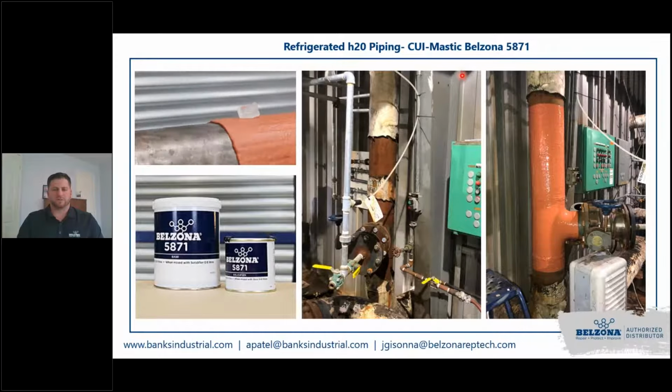We found some significant metal loss. And as you can see right here in this middle picture, just a ton of general external corrosion. And then this would be the end result right here. After we installed on the pipe 2 coats of Belzona 5871 to provide this customer with a solution in regards to insulation as well as CUI and corrosion protection moving forward.